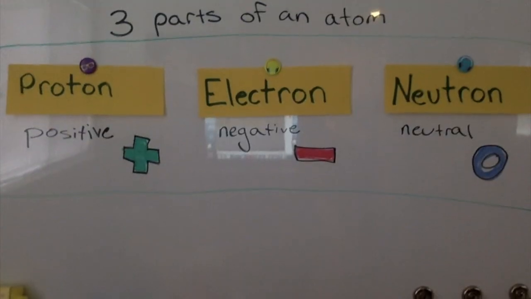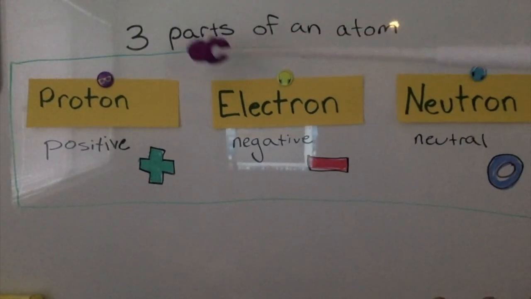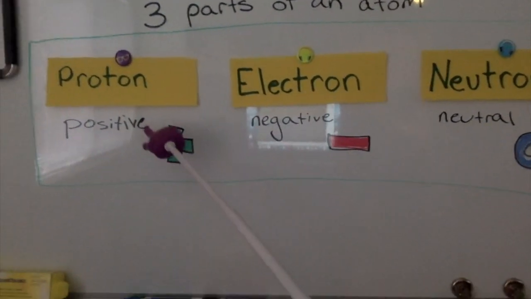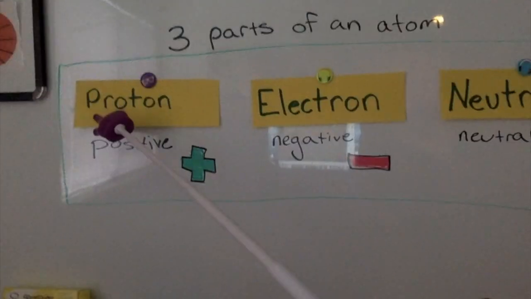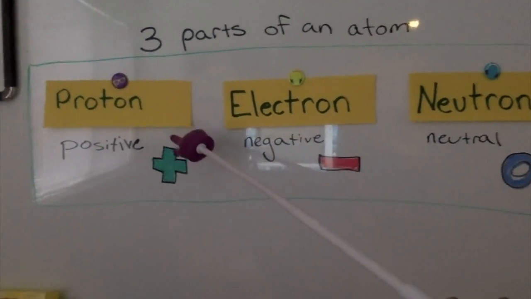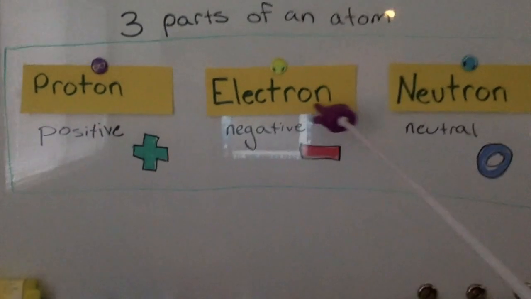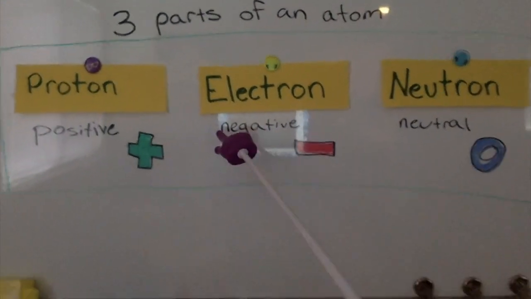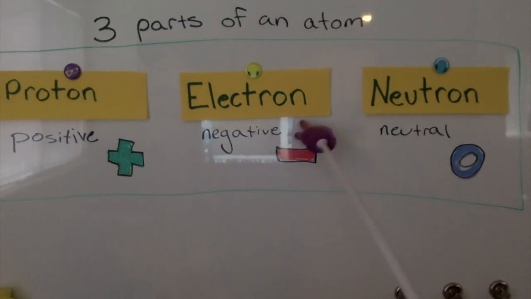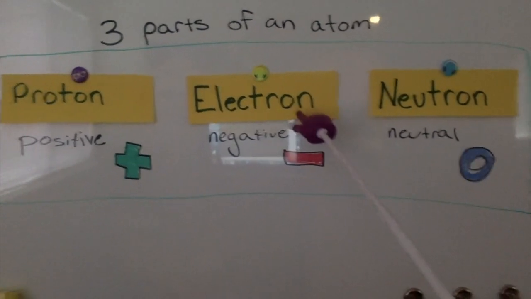Neutron. These are the three parts of an atom. The proton, you say proton. Proton. The electron, you say it electron. Electron.